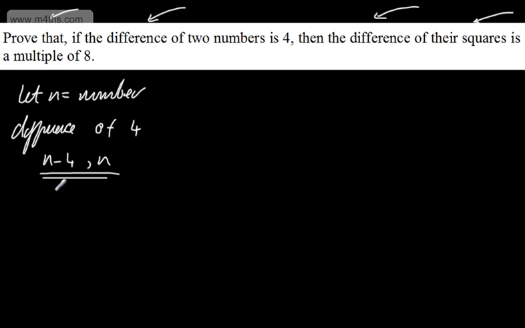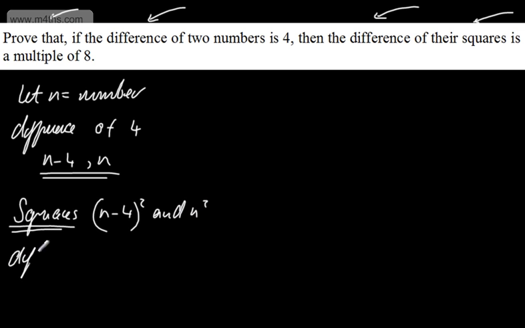So the squares will be n minus 4 all squared, and we'll have n squared. Now if we look at the difference of the squares, we're going to have n minus 4, which we need to square, and we're going to subtract n squared.